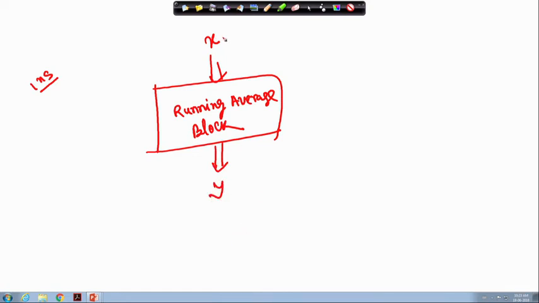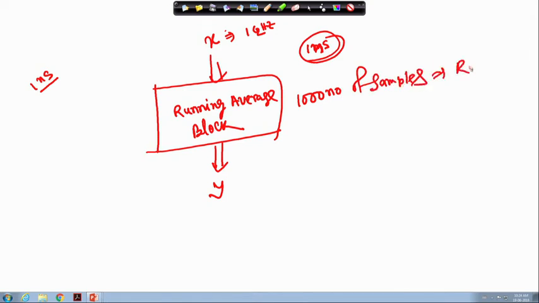They will also have some clock frequency. If I consider the sampling speed as 1 gigahertz, each of the samples is coming at 1 nanosecond of time, for the 1000 samples for the running average.